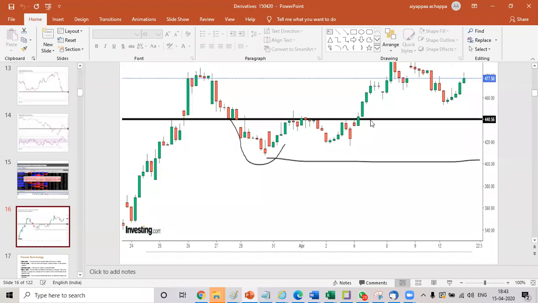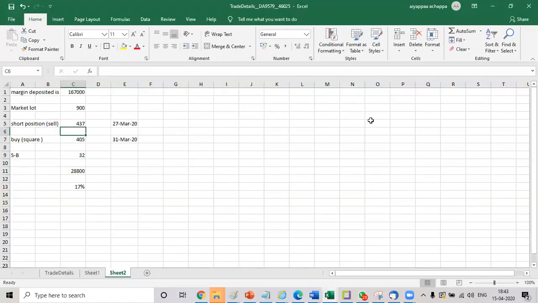Now you may ask a question, what happens if I hold my position till 28th of April? Now, if you hold till the expiry, and if the price goes to 500, then this will be your buy price. You did not buy at 405.